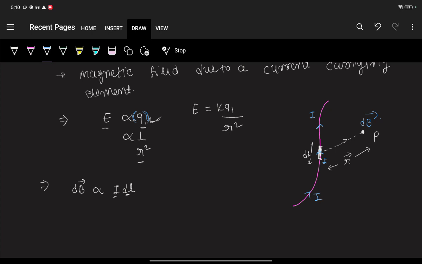In the same way, in the magnetic field, the element dl and the current I, this product Idl, is responsible for the magnetic field. And the magnetic field is also inversely proportional to the distance between them.